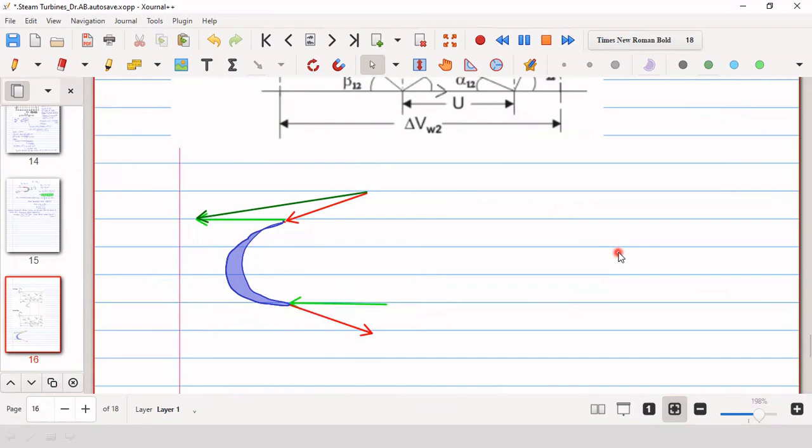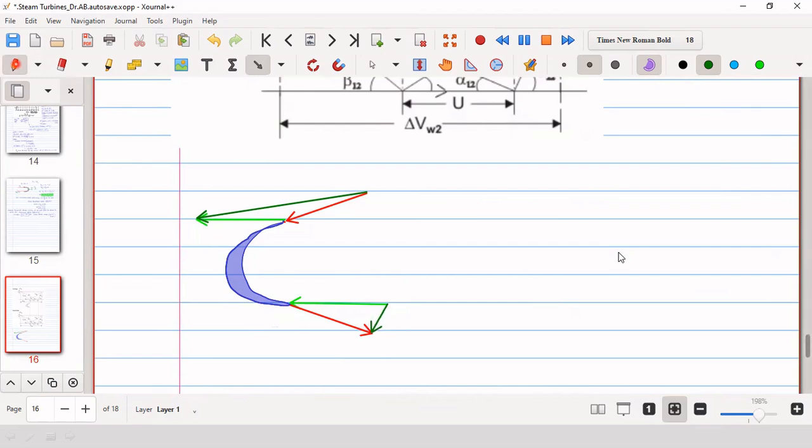In that case, it will be basically here. So it is like this.